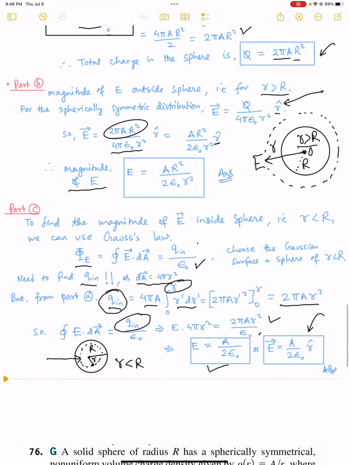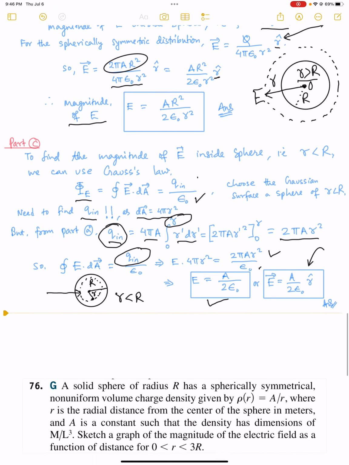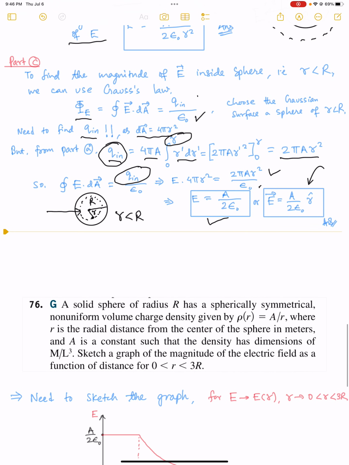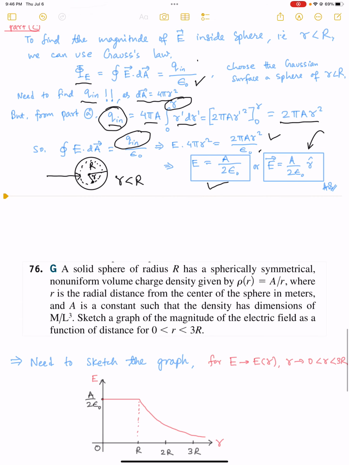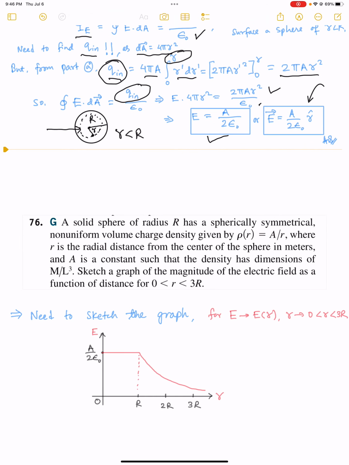So I'd like to include problem number 76 in this video recording, because it's very simple and you just have to sketch it. A solid sphere of radius R has a spherically symmetric non-uniform volume charge density, the same as before, and you have to sketch a graph of the magnitude of the electric field as a function of distance from 0 to 3R.